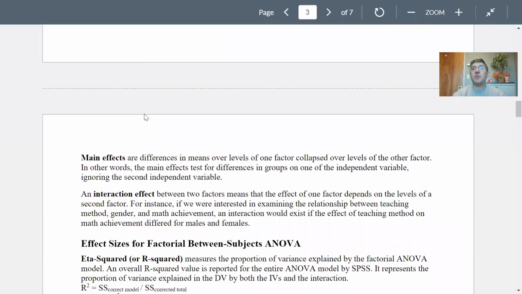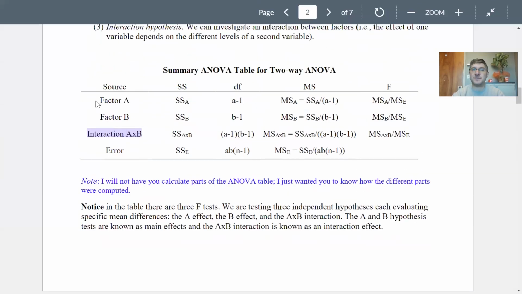So what we would call factor A and factor B here, these two tests will be tests of the main effects. So what is the effect of factor A, basically averaging over all the different levels of factor B?